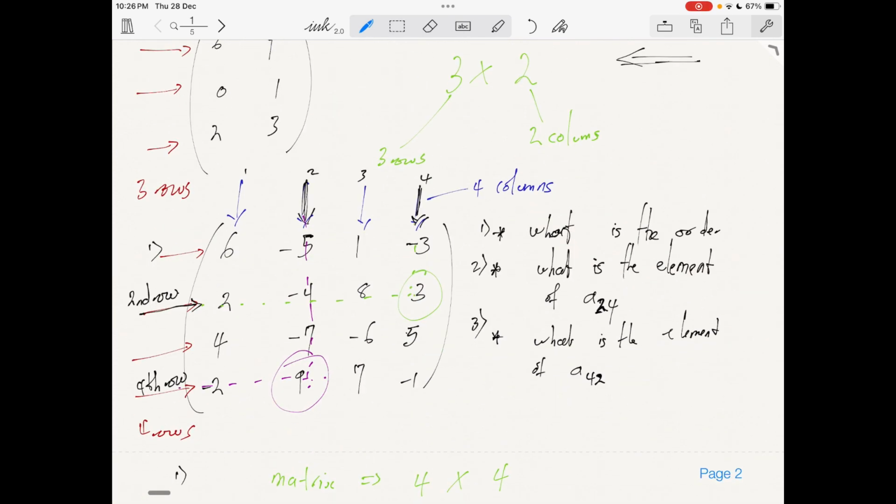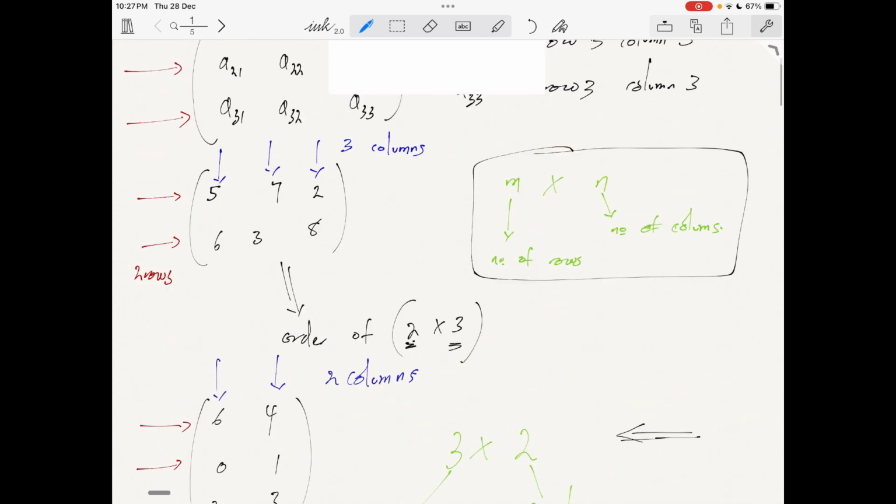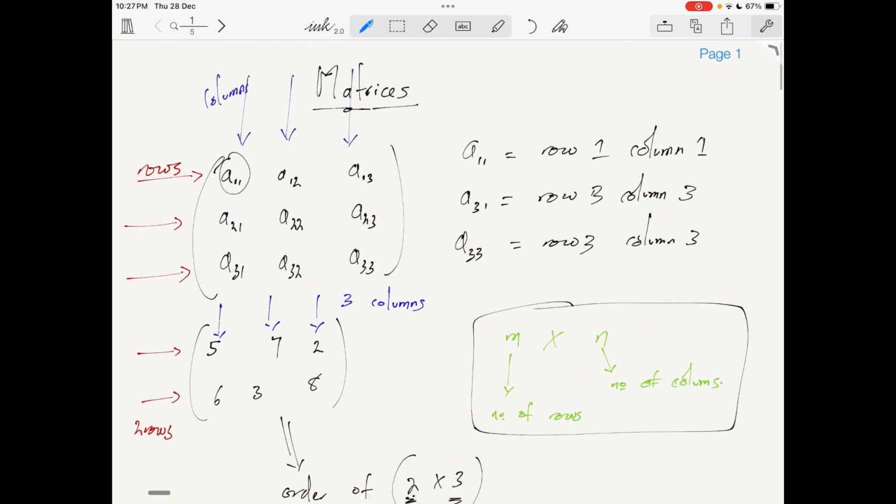With the matrix notation A11, A12, A13, A21, A22, A23, A31, A32, and A33, it is easy to find the elements.